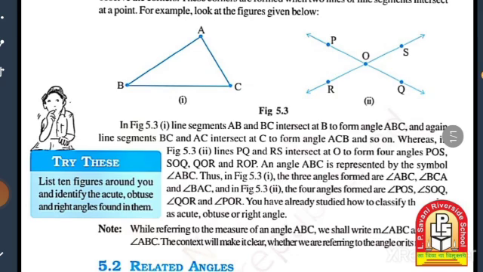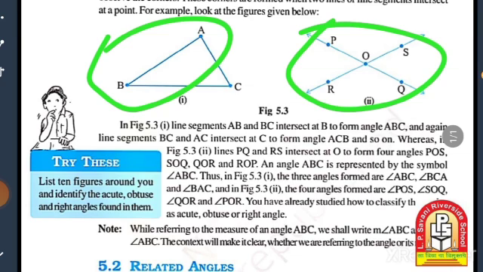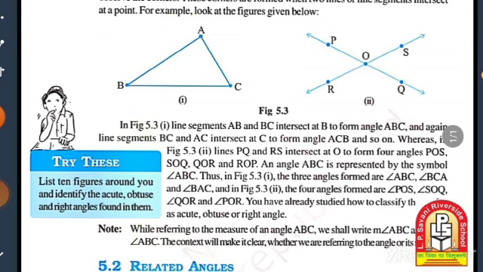So by intersecting these two lines you get four angles. In this way these are the intersections of line segments and these are the intersections of lines.